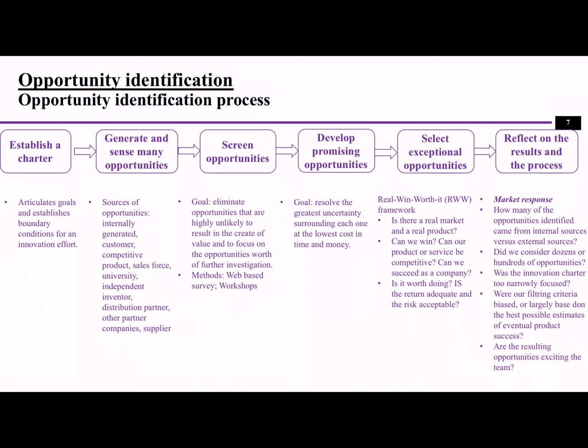And then after we get one or several selected opportunities, we'll develop some of the promising ones, right? This step is to resolve the greatest uncertainty surrounding each one at the lowest cost in time and money. So basically, select the one we want to pursue, or narrow down.